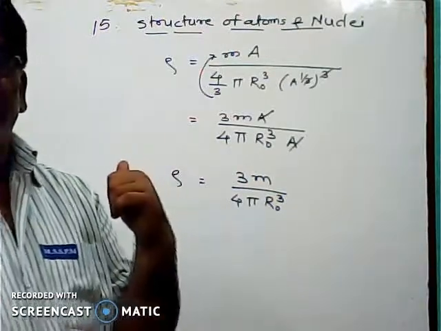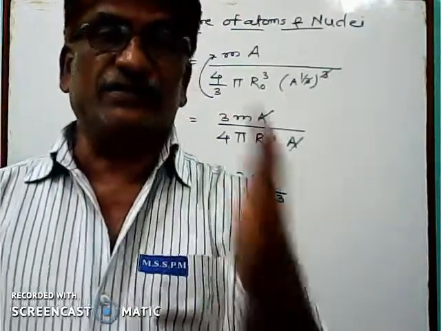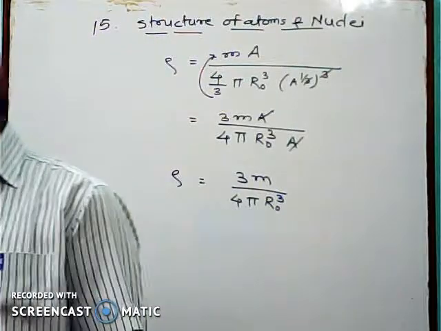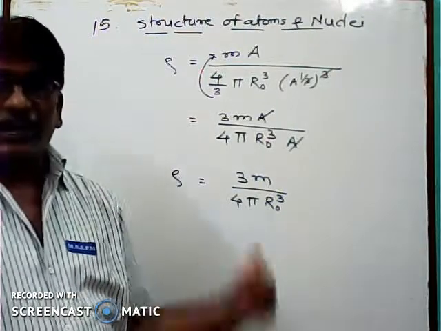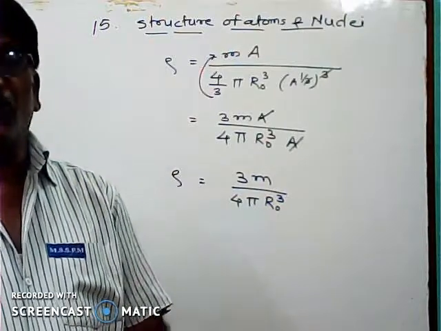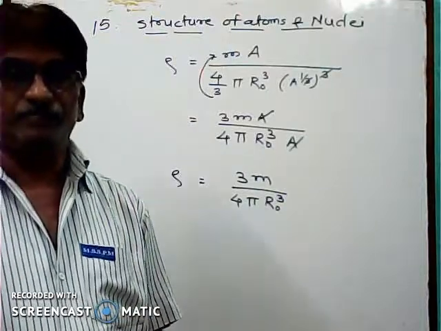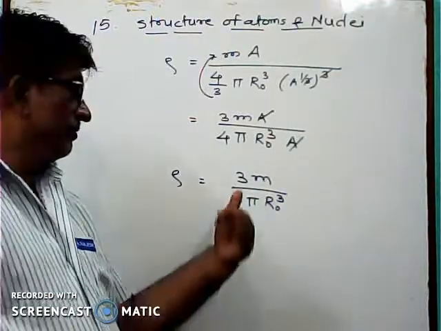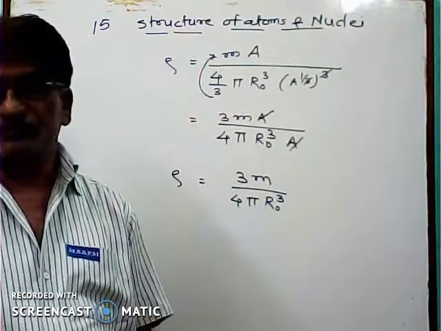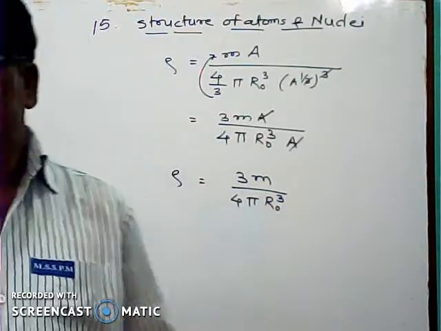The mass number is not present, so the density of an atom does not depend on the mass number, that is capital A. It depends on mass and R0. So we can find the value of density.